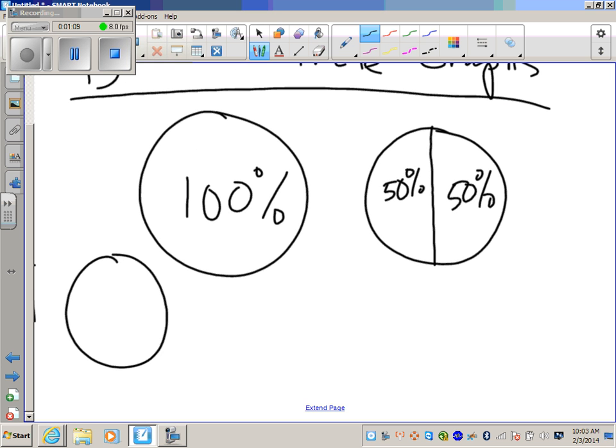If you had a circle graph that was split up into fours, each of these wedges would represent 25%. The bigger the wedge, the bigger the percent, okay? The bigger the amount.